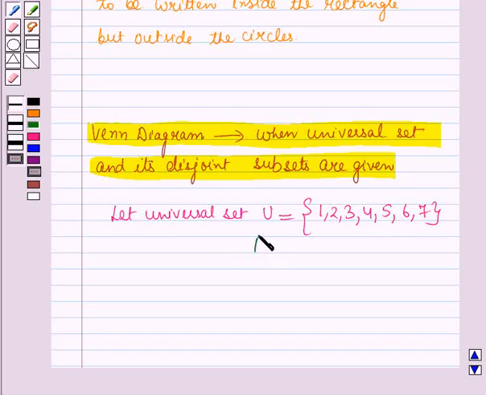And let A be a set containing elements 1, 2 and 3 and B be a set containing the elements 4 and 5. Now A and B, both of them are the subsets of the universal set U, and also A and B are disjoint sets as there are no elements in common to both A and B.